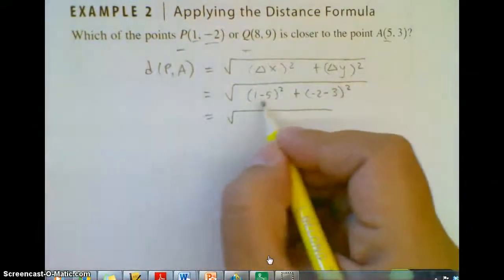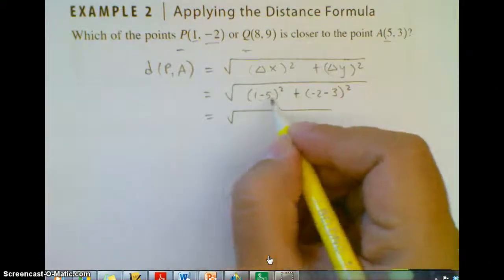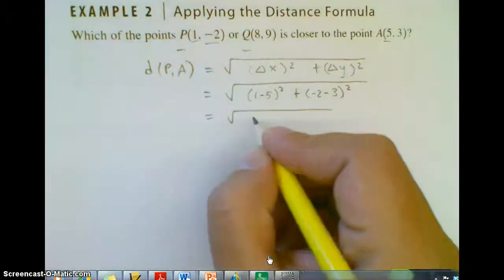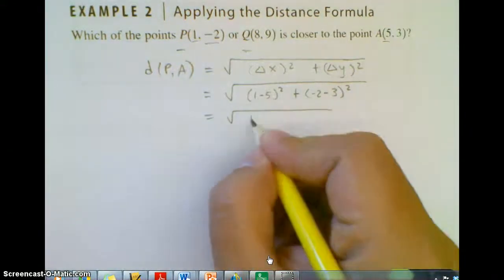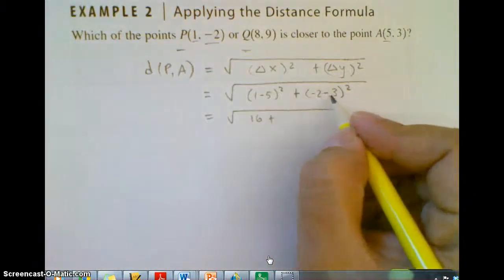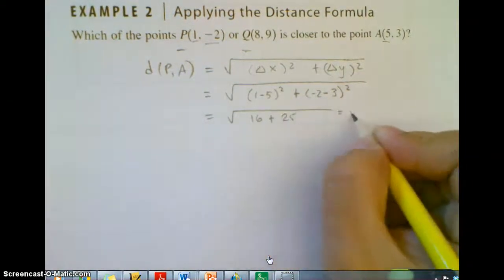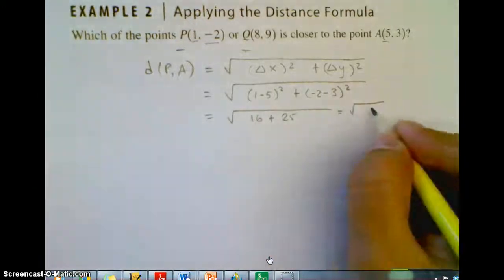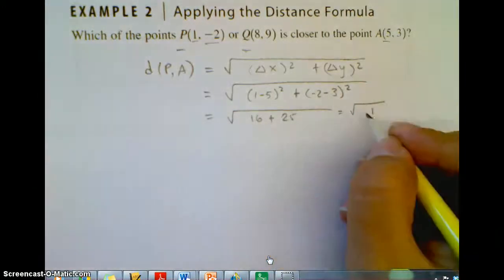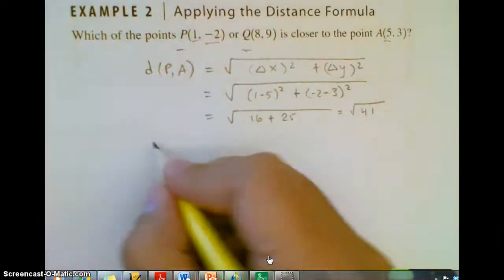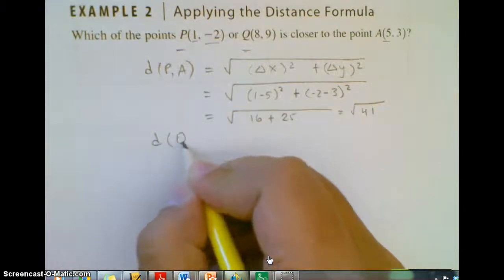And then remember, whether it's a positive or a negative number doesn't matter because the quantity is being squared. So I have negative 4 squared, that's 16, and then negative 5 squared, which is 25, and that will be the square root of 41.